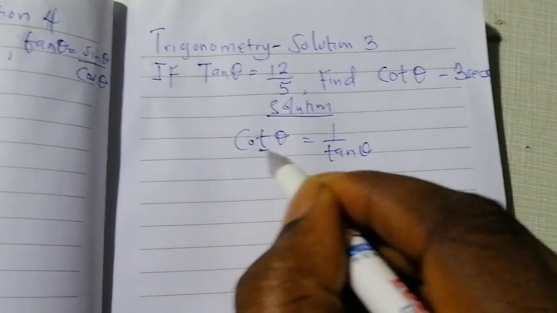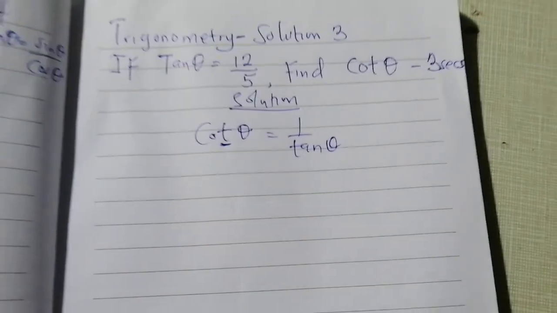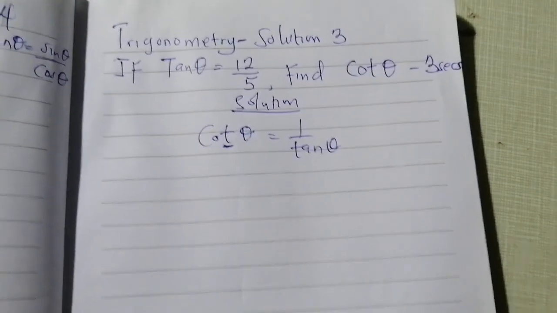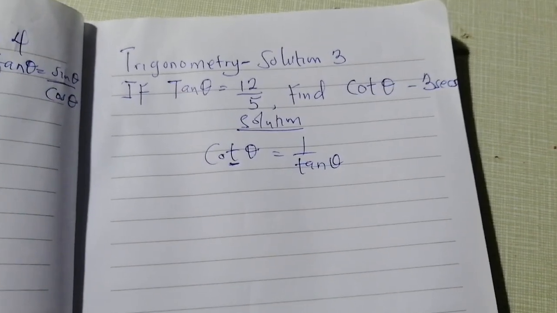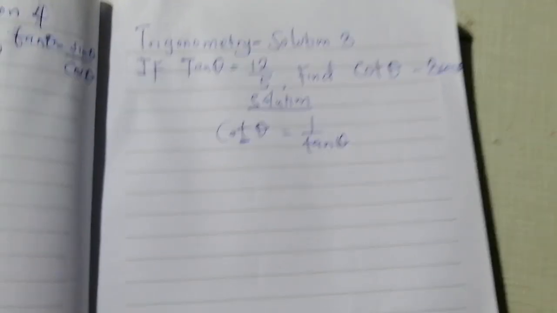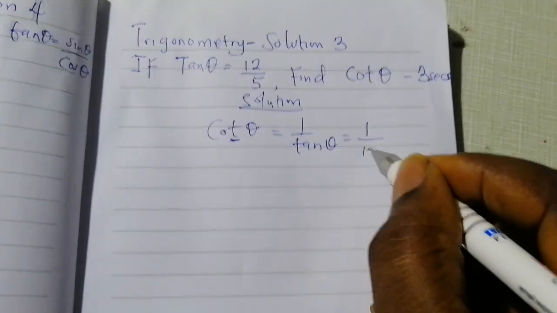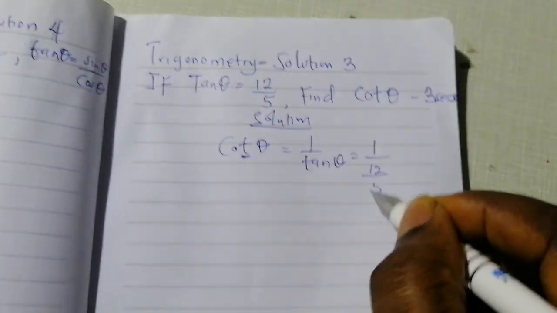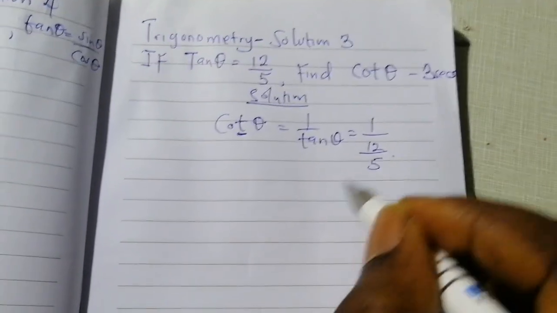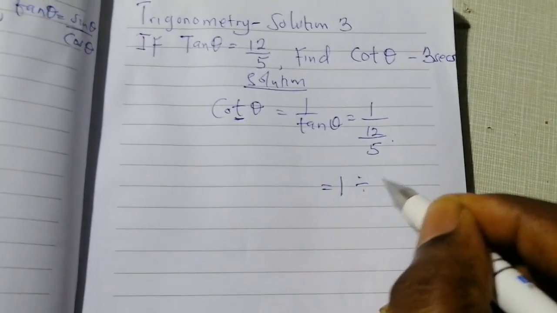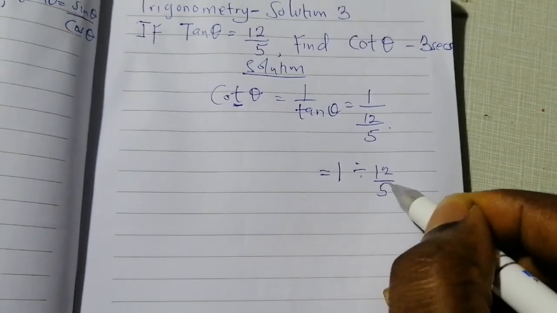I've told you, the third alphabet will give you 1 over what you are looking at. So cot theta is 1 over tan theta. All I need to do is 1 over 12 over 5, which is also the same thing as 1 divided by 12 over 5.